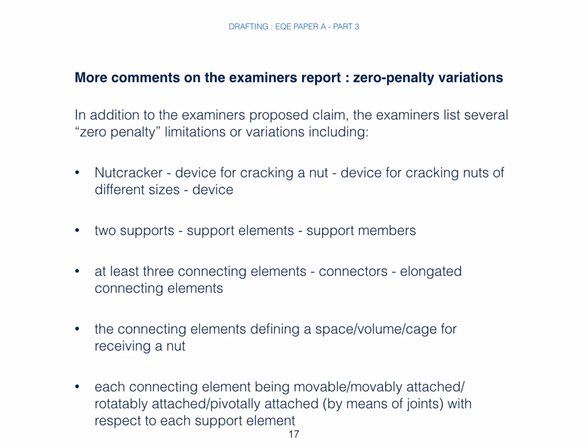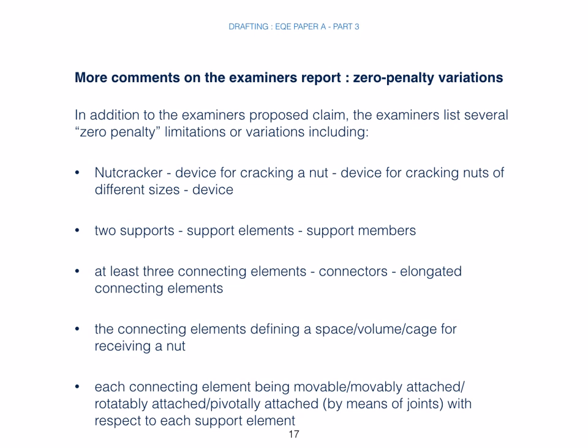in the examiner's eyes. Then the examiners talk about each connecting element being movable, or being movably attached, or being rotatably attached, or pivotally attached by means of joints with respect to each support element. So here again, you have quite a choice of how you describe the connection.